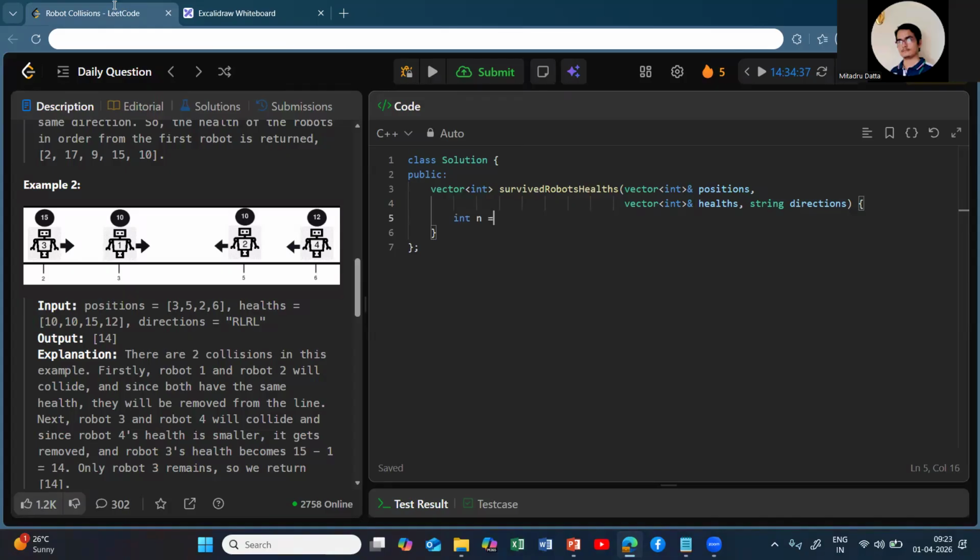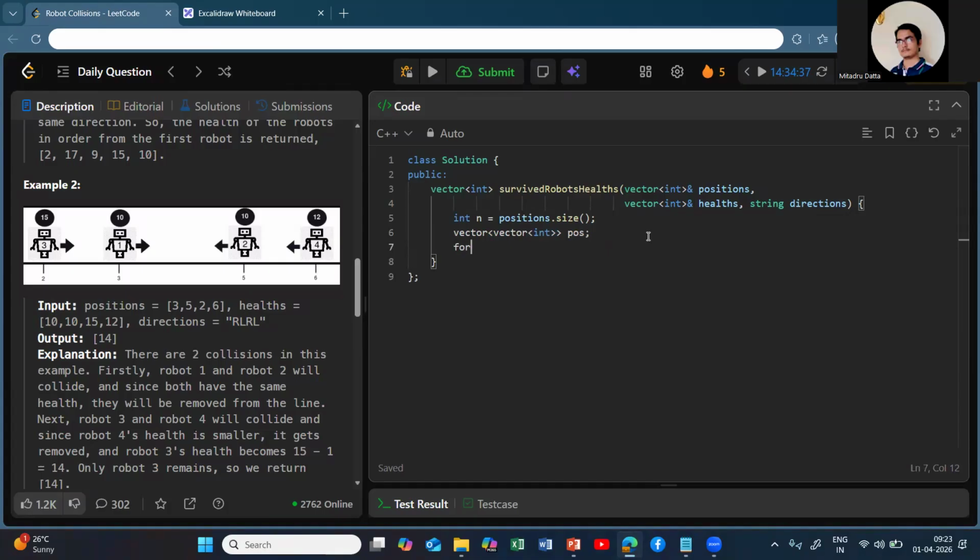So let's have this positions dot size. Also, let us first sort these positions. And since we need the particular indices for those positions, I will keep a vector of pairs. This is nothing but a vector of pairs.